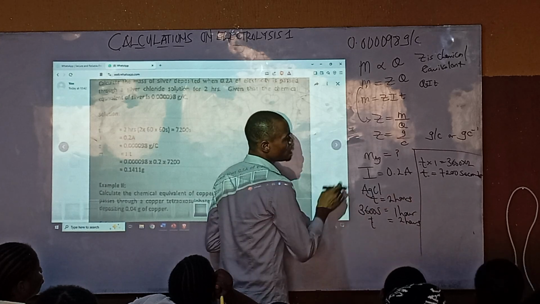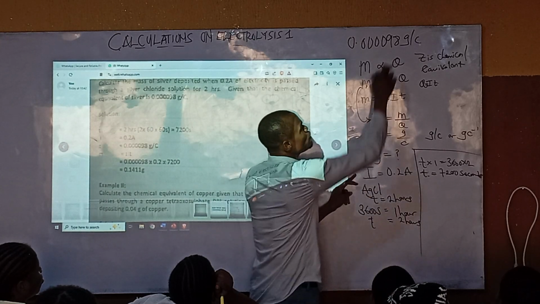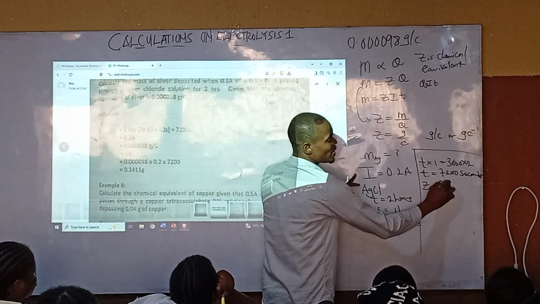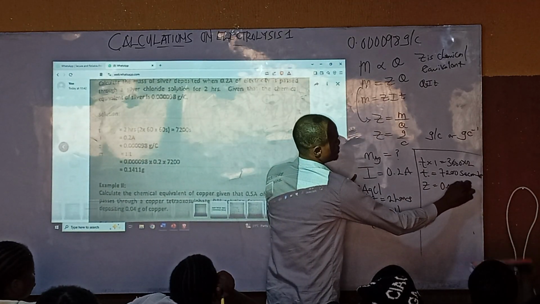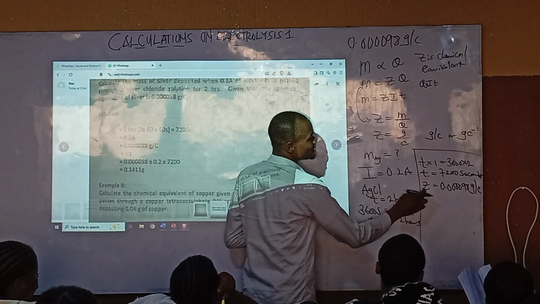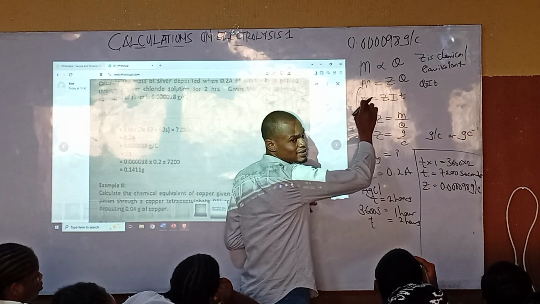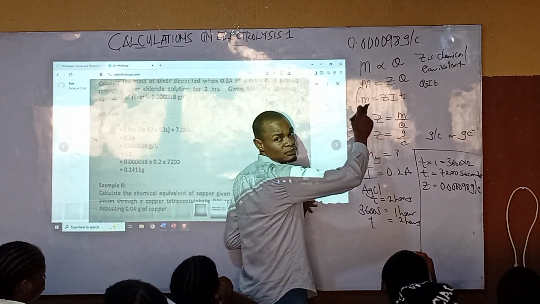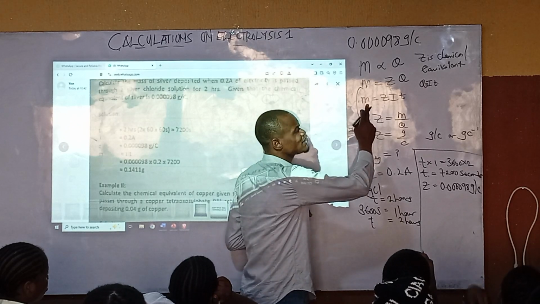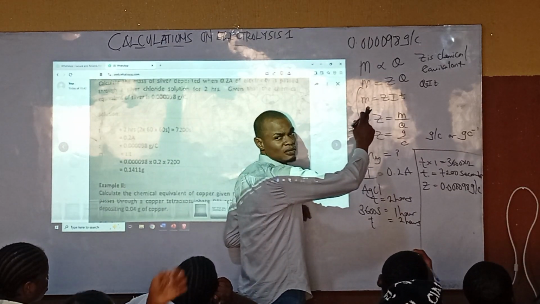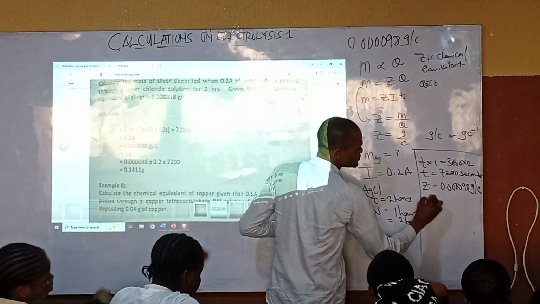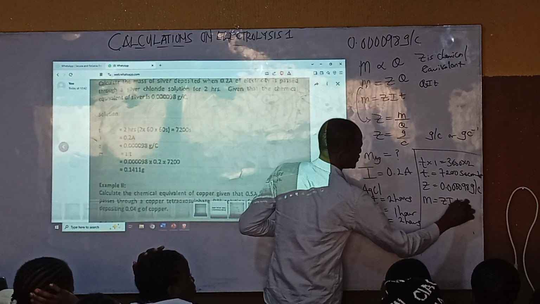You have your time, you have your current, and you were given the chemical equivalent Z. What's the value? 0.00098 gram per coulomb. You have this time T and your current. Which one are you going to use, this or this? We are going to use M equals Z I t.